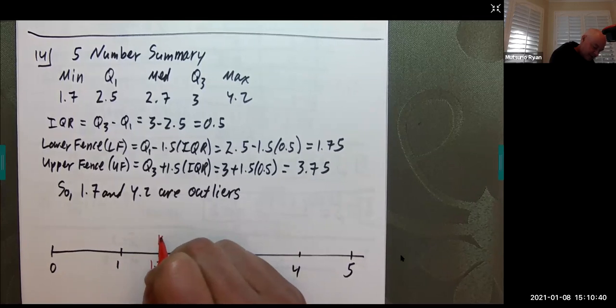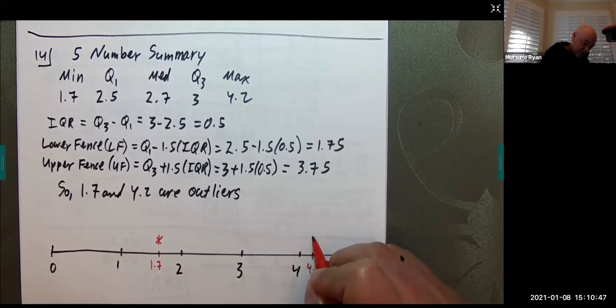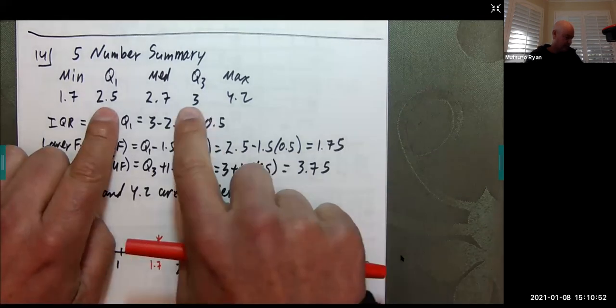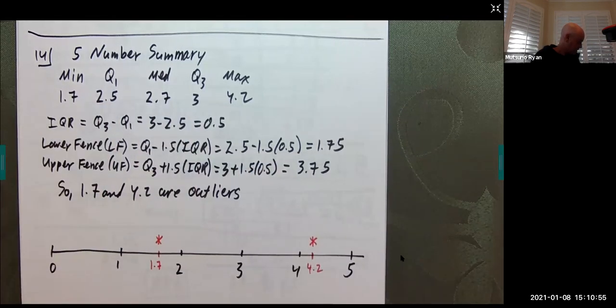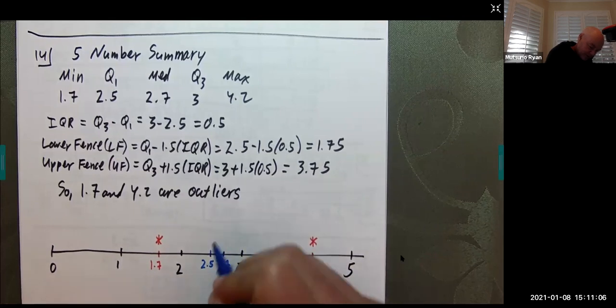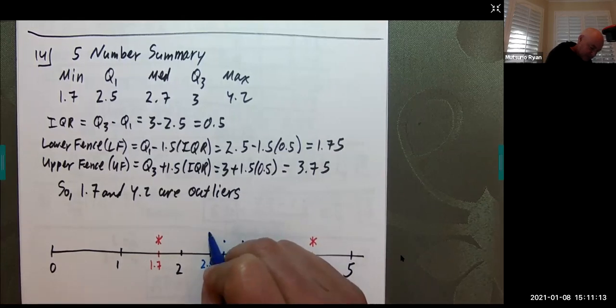We put an asterisk. 4.2 is going to be here. I'm going to put an asterisk. I'm now going to put my interquartile in there. So 2.5 is about here. 2.7 is there, and 3 is there. So I'm going to do this. And I'm going to draw our box.